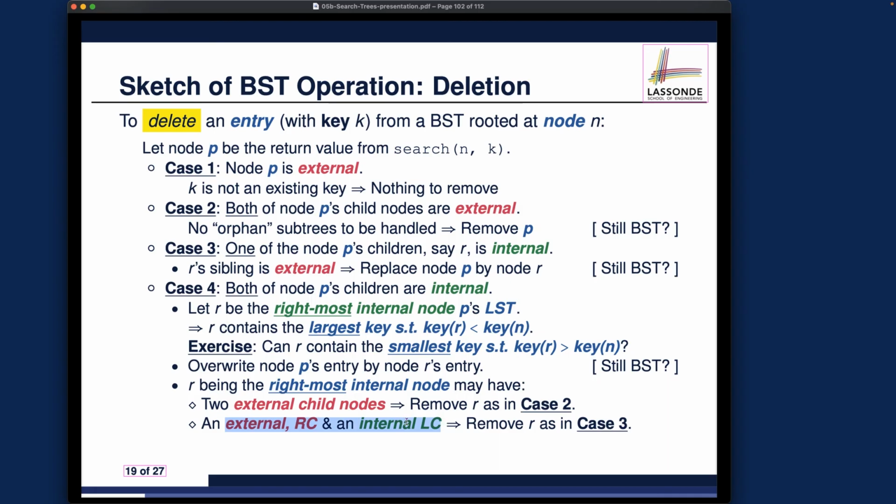Why can it not be that R has one internal right child and also one external left child? Why would it not be a valid case to consider? You can think about it, and that's the question for you. If you have any doubts about what I just asked, rewind it. It's a very important concept to check by yourself.